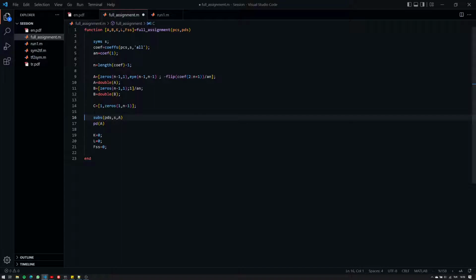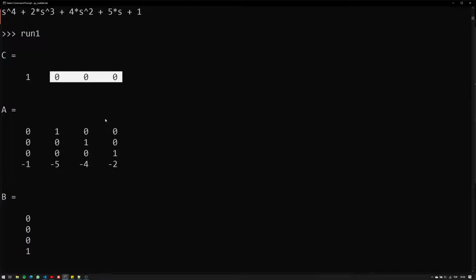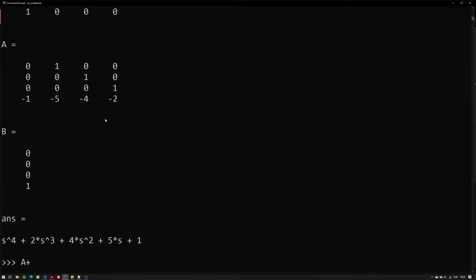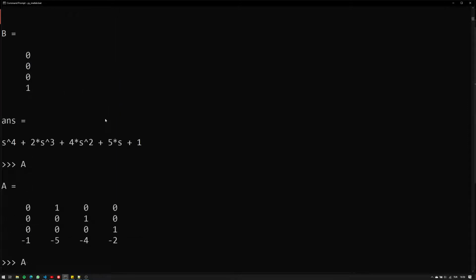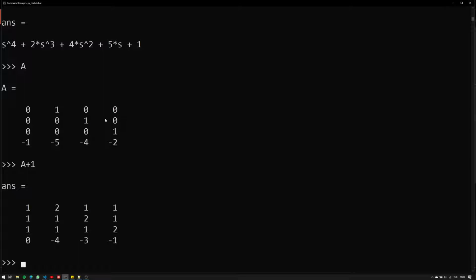But if you use this code in line 16, you will probably fail, because MATLAB has a strange thing: if you have A, you can add 1 to A, but it is not really what we expect here, because a scalar can be added to a matrix because there's such a thing called element by element.